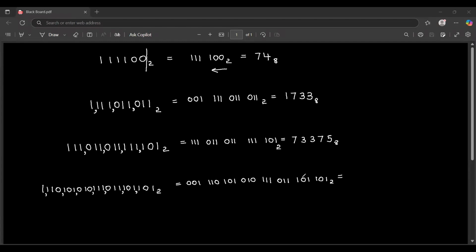Now we know this represents 1, this represents 6, then we have 5, then 2, 7, 3, 5, 5 to the base 8. So this is the beauty of converting from binary to octal directly.